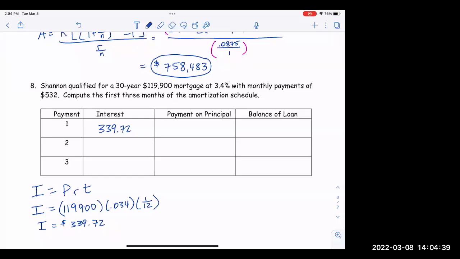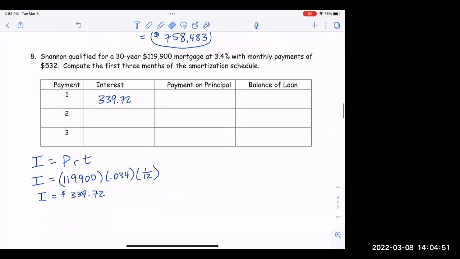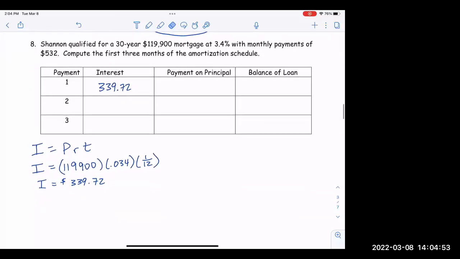I'm going to fill out this table a row at a time. The next thing I want to fill out is the payment on the principal. $532, that's my payment amount. $339.72 of that is interest.